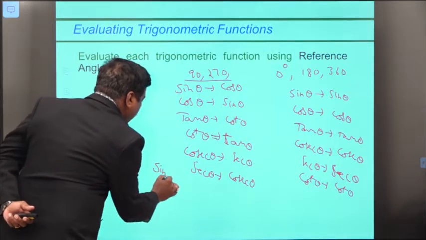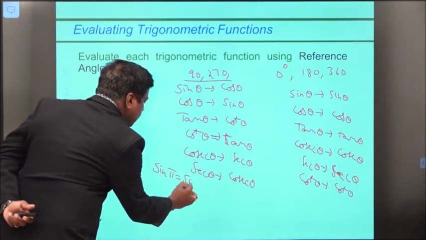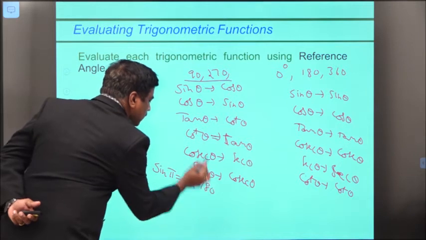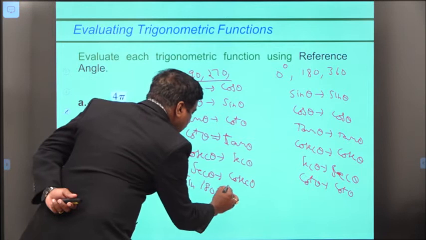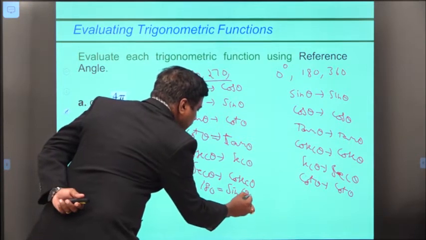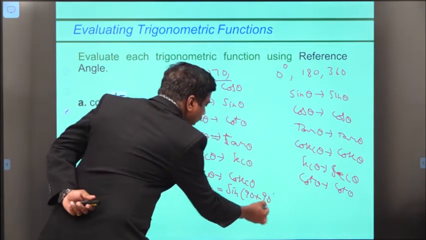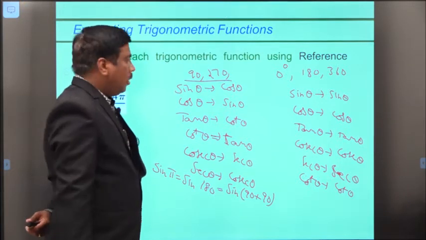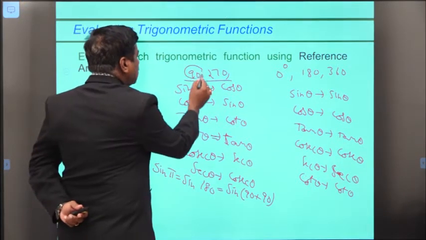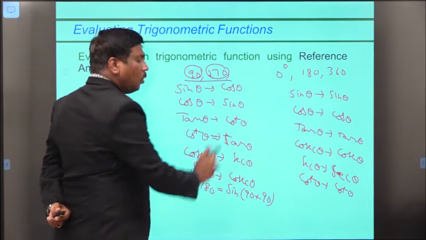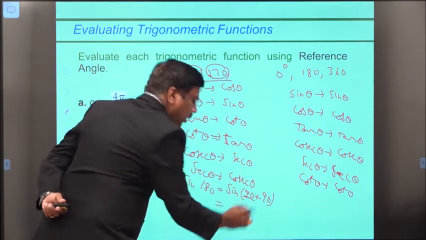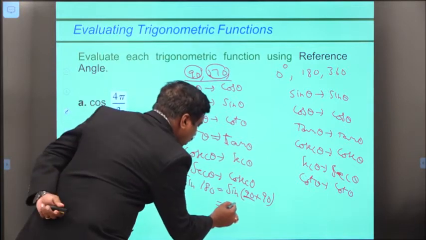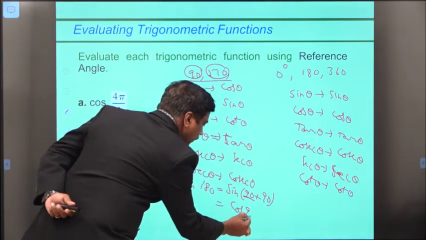Sin pi means sine of 180 degrees. I write this as sine of 90 plus 90. At 90 degrees and 270 degrees, sine will be changed to cos. Here the value is 90, so sine changes to cos 90.